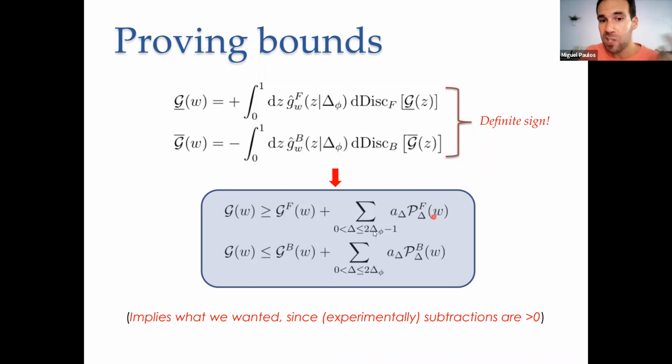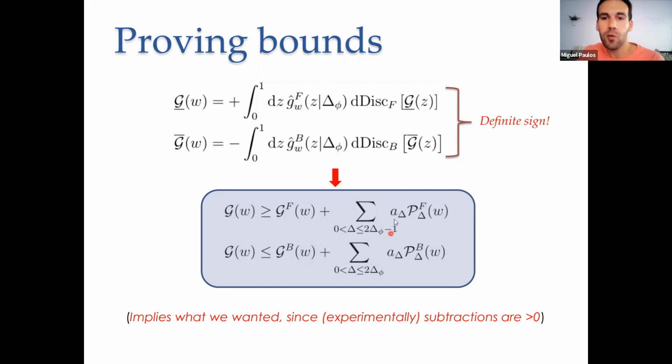So the only thing that we can do is that for any choice of delta phi, we can just plot them and see their sign. And in every case that I've checked, they are positive. And so since they are positive and this is a lower bound, you can just drop them to get the bound that you want. So it would be nice to get a more rigorous proof, but at this point, I don't know how to do it in any other way than this, just by plotting and checking.